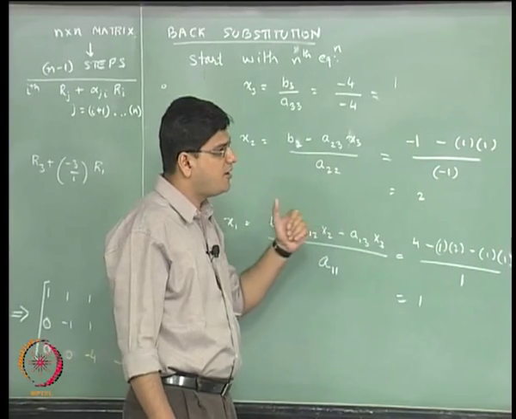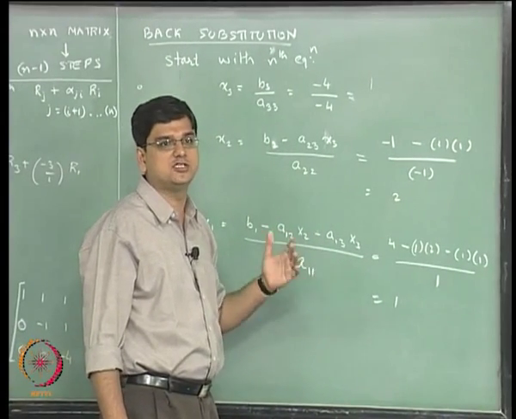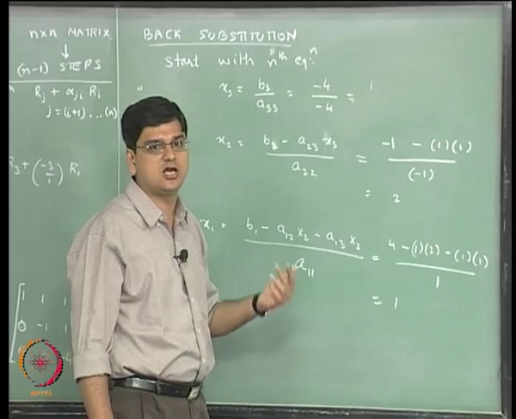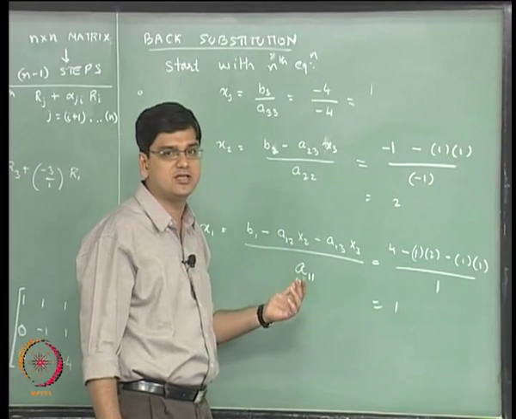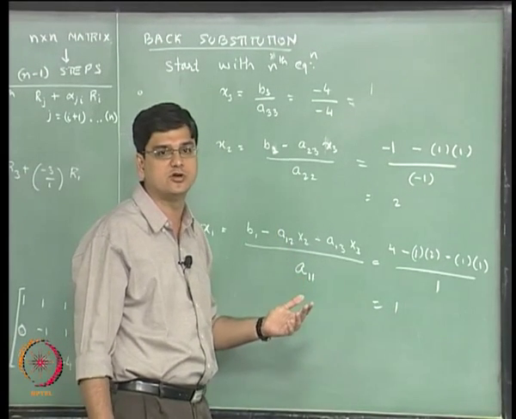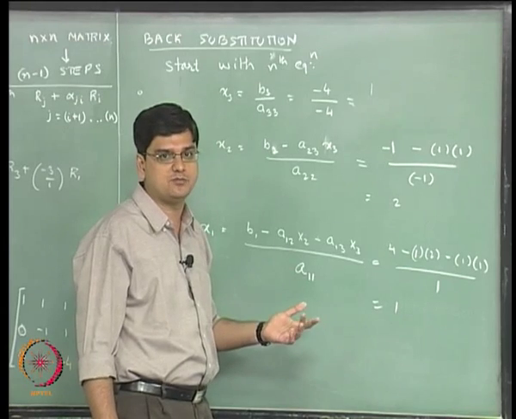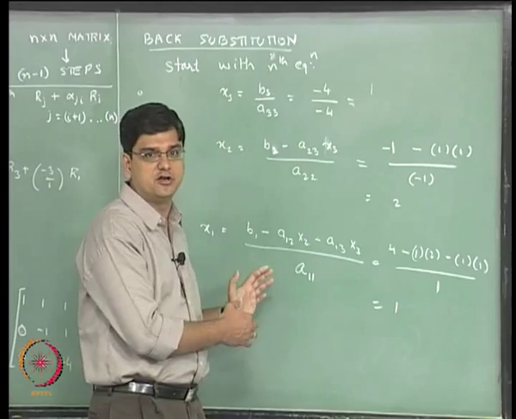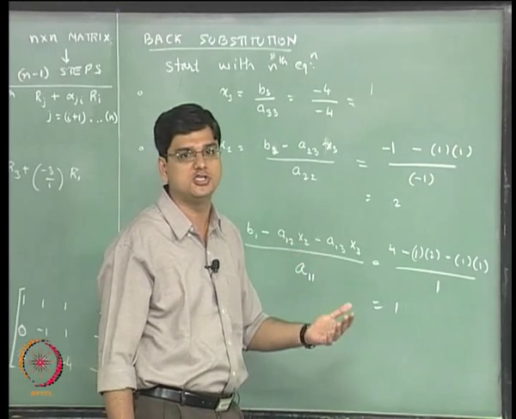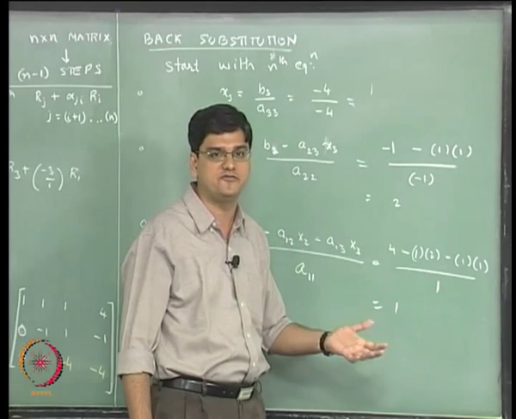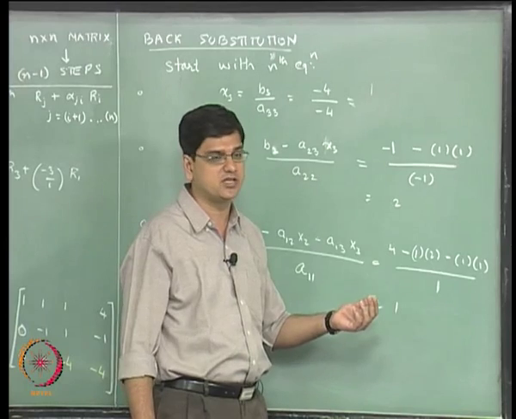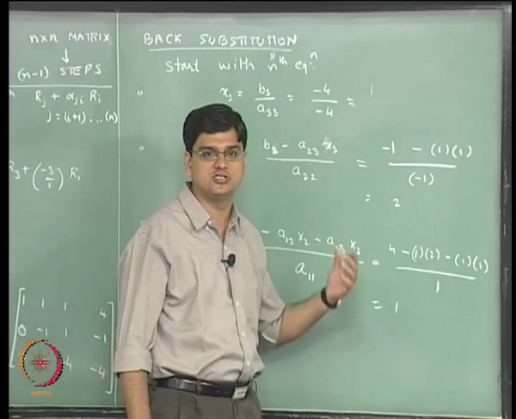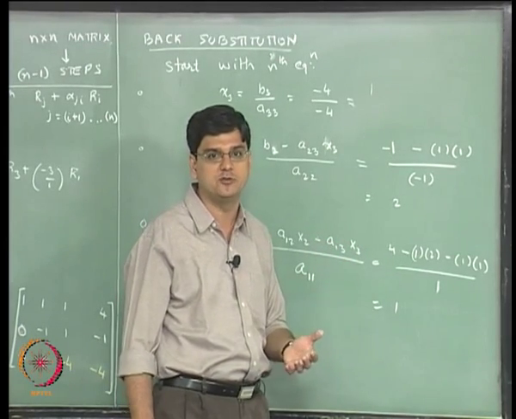Next what I am going to do is talk about two other methods which are the Gauss-Jordan method, and the next method is going to be the LU decomposition method. I will just use this particular example to show what Gauss-Jordan method is going to be and how it is different from the Gauss elimination method, and I will also use this same example to show the LU decomposition method.